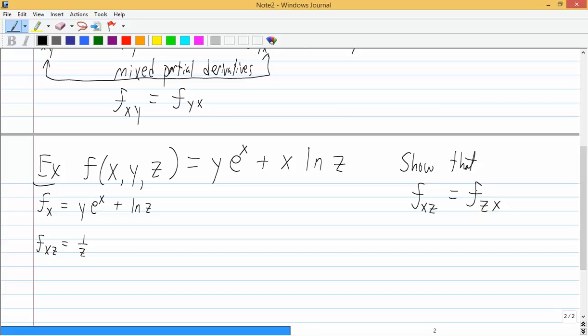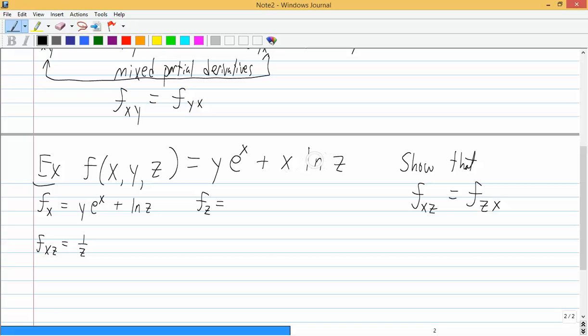Now let's find f sub z x. So we need to first find the first partial derivative with respect to z. So the first term doesn't have a z in it, so that's 0. The second term does have a z in it, so this x is a constant.